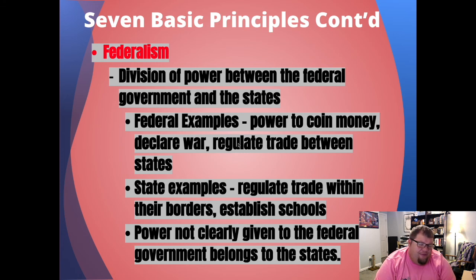So if Johnston County is trading with Wake County, they regulate that. The federal government regulates trade between North Carolina and South Carolina. Okay? And then also power not clearly given to the federal government belongs to the states. And so if the Constitution doesn't say it, it belongs to the states. It is their right as a state to have these.